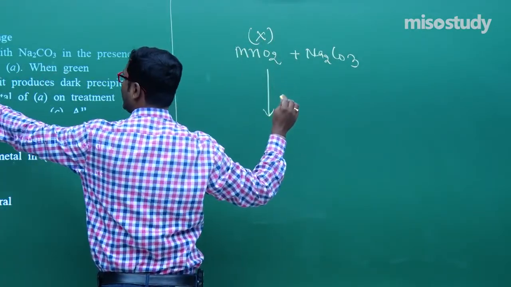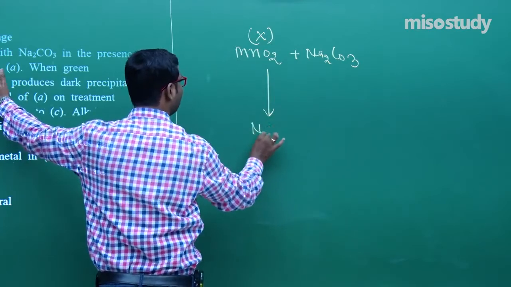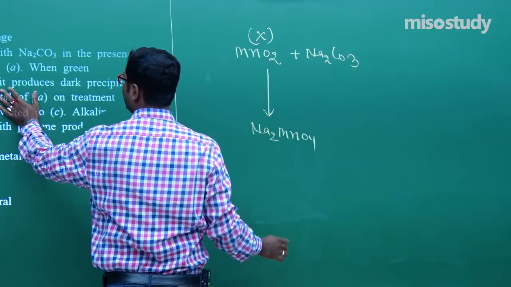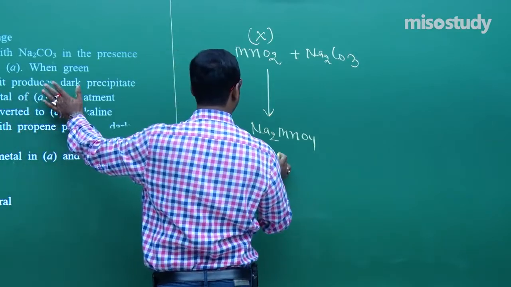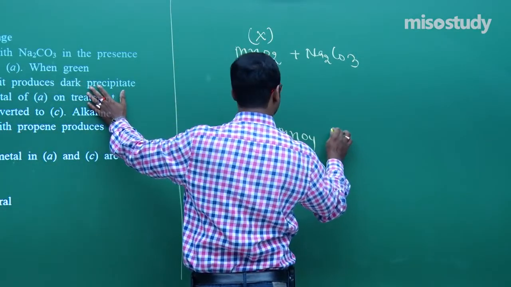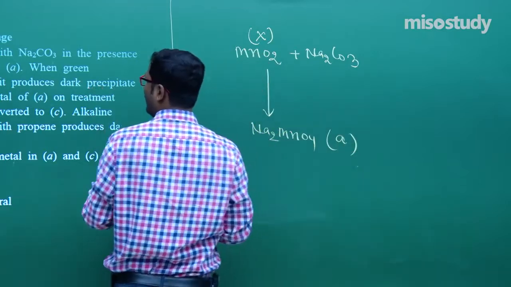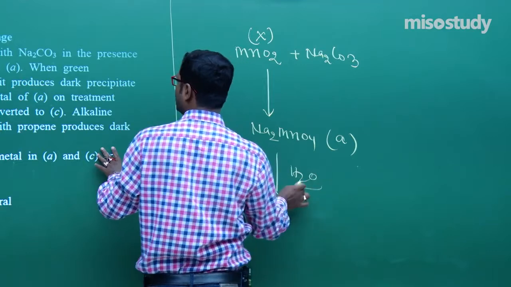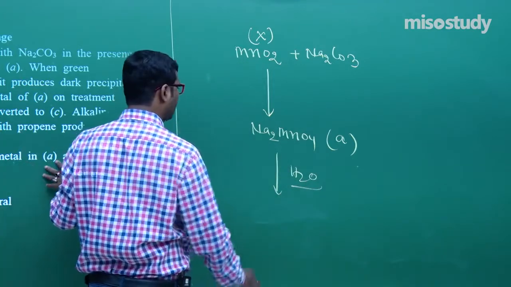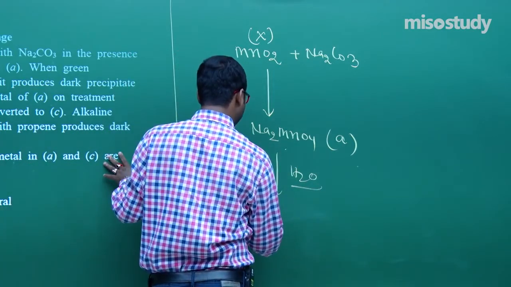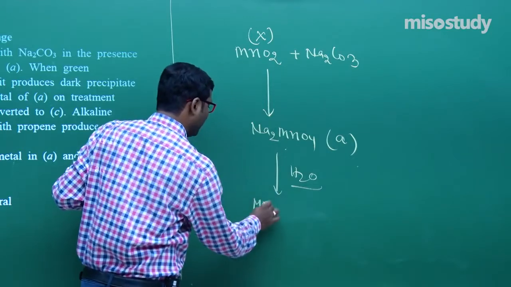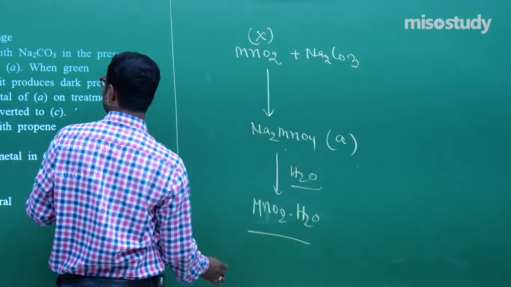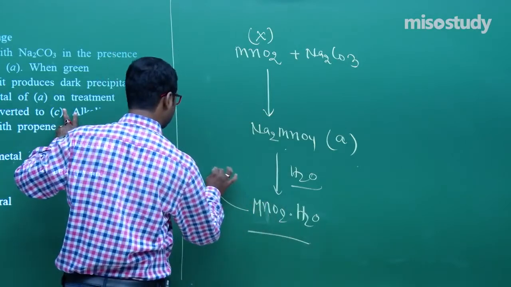And in presence of air it gives a green compound, that is Na2MnO4, and this is the green compound, that is A. When green compound is added in water, it produces a dark precipitate and a pink solution. Dark precipitate, that is MnO2 into H2O. This one is the dark precipitate. Yes sir, this one is the B part.